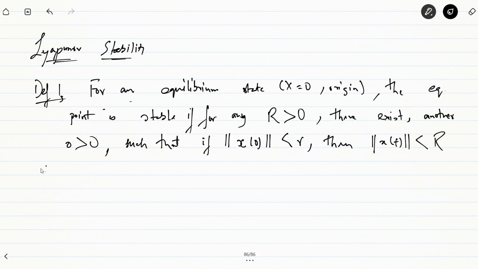So for any value of time t greater than 0, the norm of the states of the system will be less than r. If this is true, then the system will be stable. Otherwise, it will be unstable.